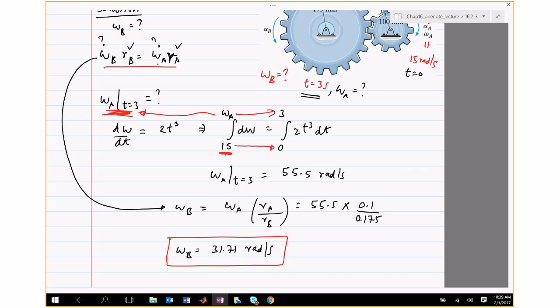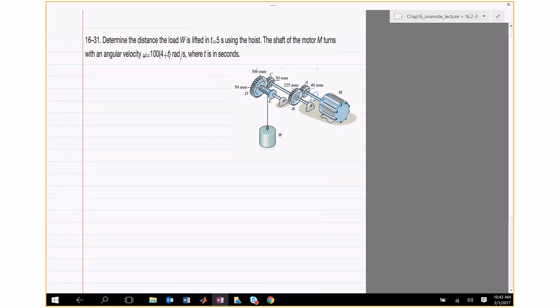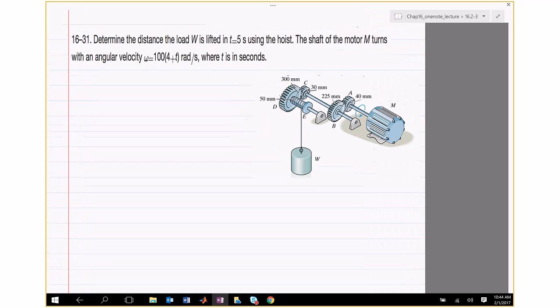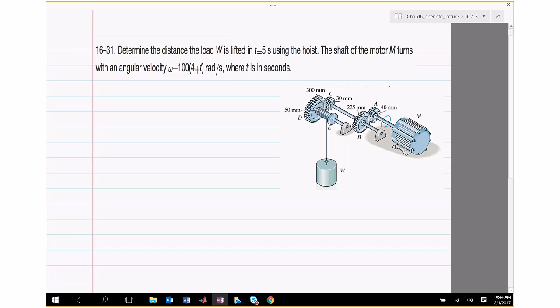Okay, let's see. Ample time. So I have time for one more question. Okay, let's go through this question. You have to find the distance the load W is lifted in 5 seconds using the hoist.